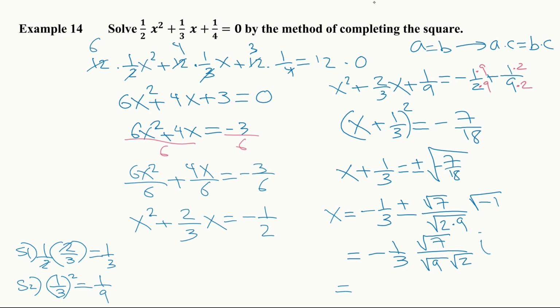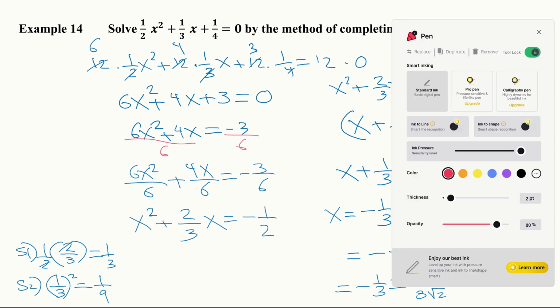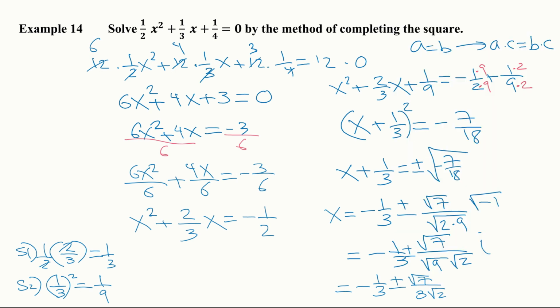So we end up with, don't forget the plus or minus in between, negative 1/3 plus or minus square root of 7 over 3 radical 2. Don't forget that we need to rationalize that denominator. We can do that by multiplying top and bottom by radical 2, right?